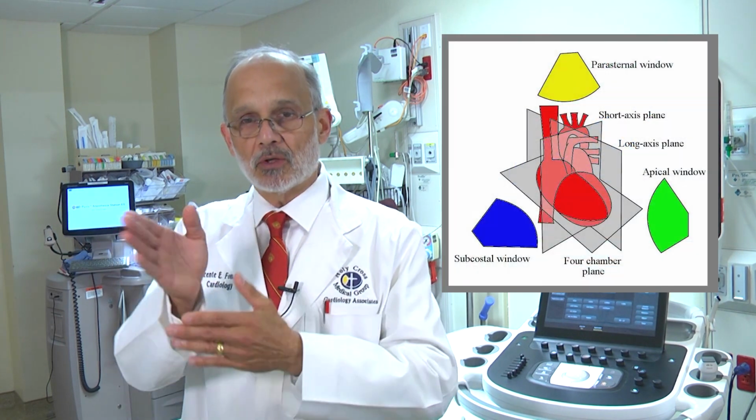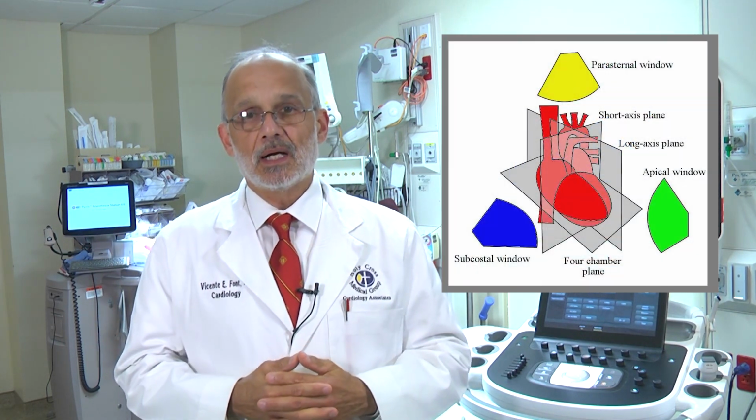A comprehensive echocardiogram examination typically involves imaging of the heart from multiple viewing orientations or planes, as well as the use of other imaging technologies. There's M-mode, Doppler, strain, and different other things that we don't need to talk about today.